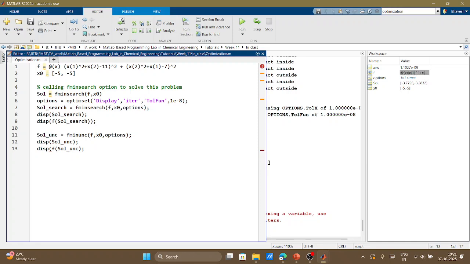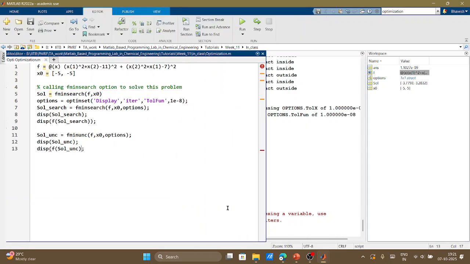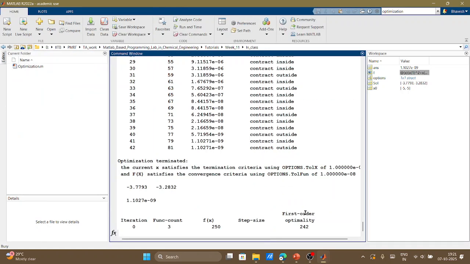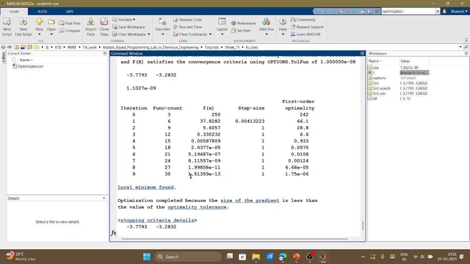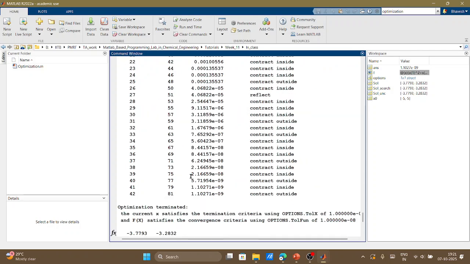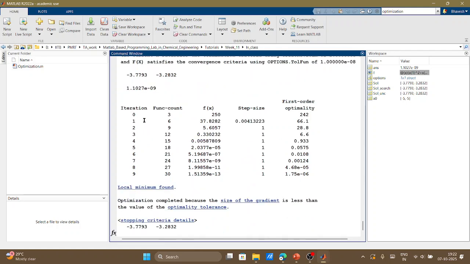Let's see. So for the both case, we are getting same values, minus 3.7793, 3.2832.